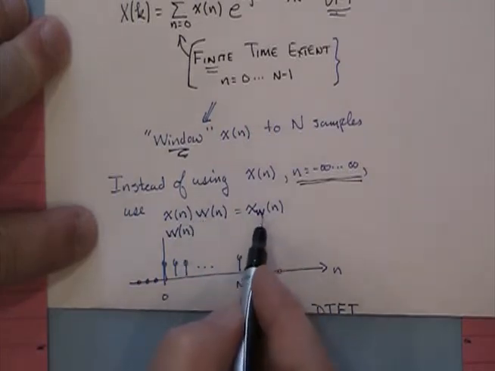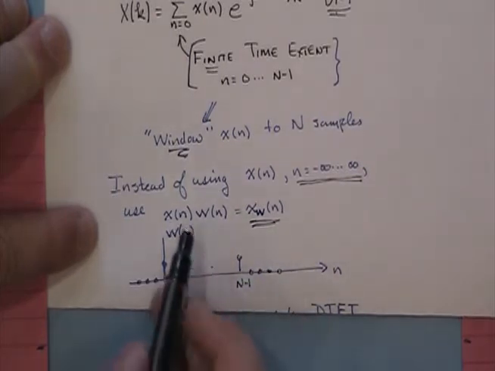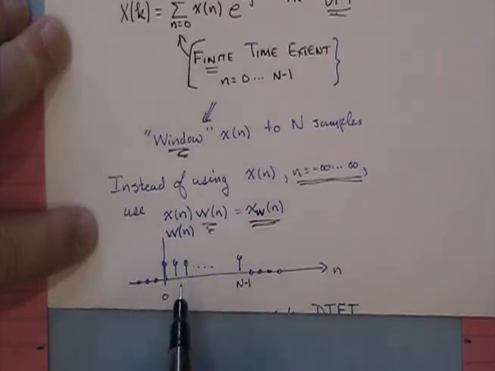To get around to some math of that, I can define my windowed version of the function as being the original function multiplied by a window function, right? And my window function here is 0 everywhere except it's equal to 1 all the way across to n minus 1 samples.